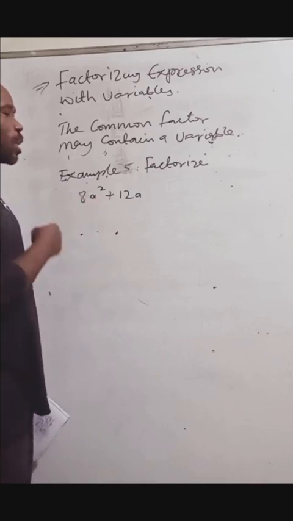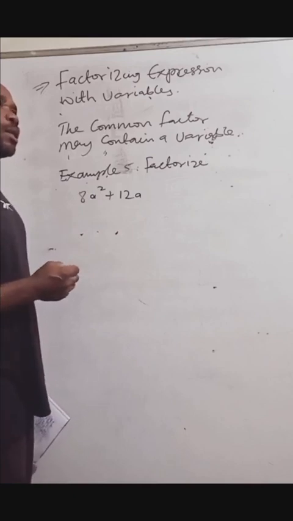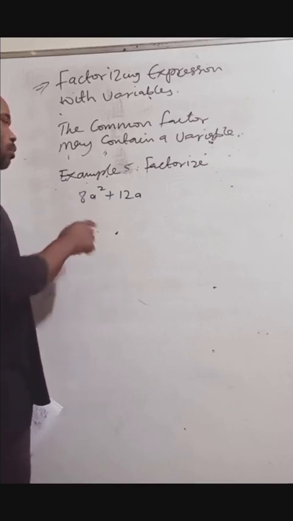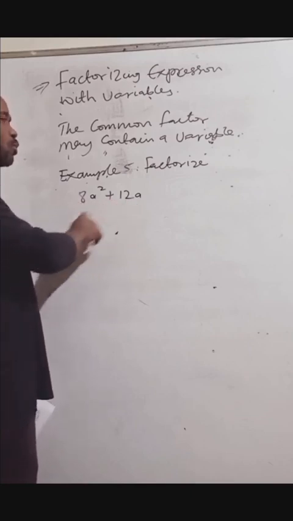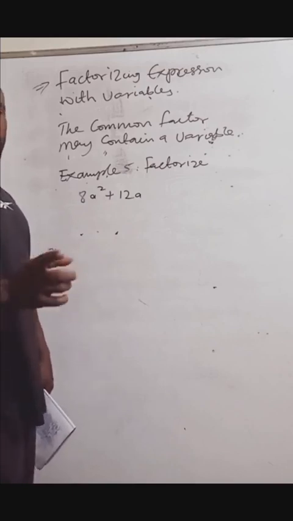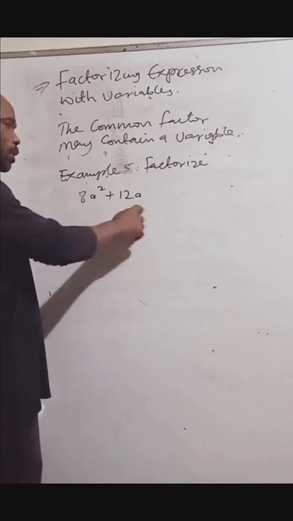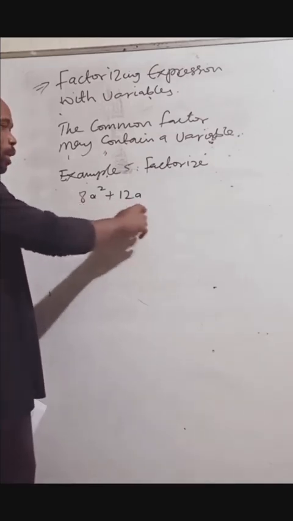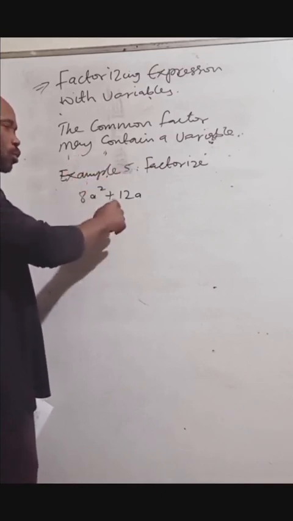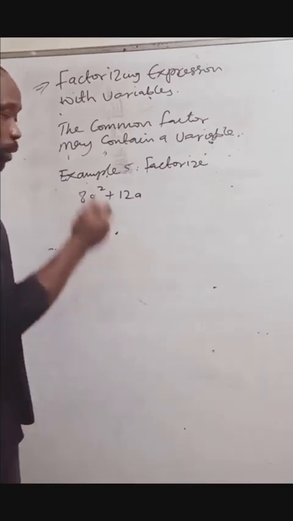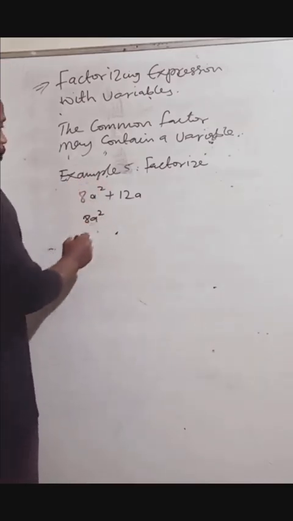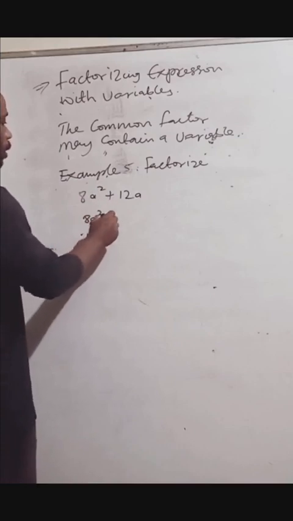If you can take your mind back to, I think that was in lesson 1, in lesson 1, we said that any algebraic expression that has 2 terms is referred to as a binomial. So this is a binomial. All right. Now, to factorize this binomial, 8a squared plus 12a, we have to look for the factors of 8a squared and the factors of 12a.